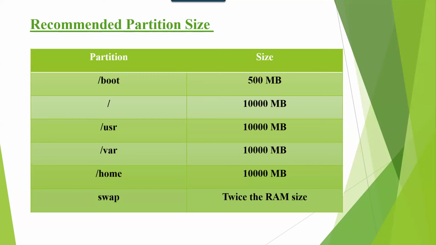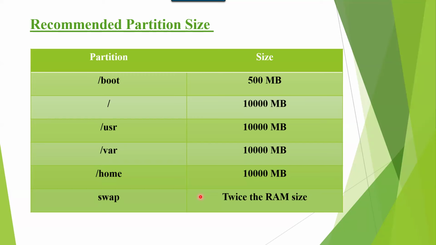It is similar to C drive in Windows, right? C is compulsory in Windows; in the same way, in Linux forward slash is compulsory. While installing the operating system, creation of forward slash is compulsory, because under forward slash only we have subdirectories. And swap is also a compulsory partition while installing Linux.